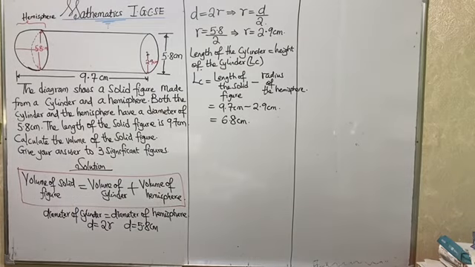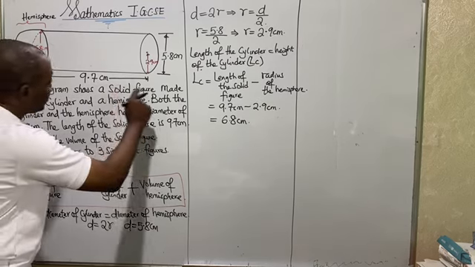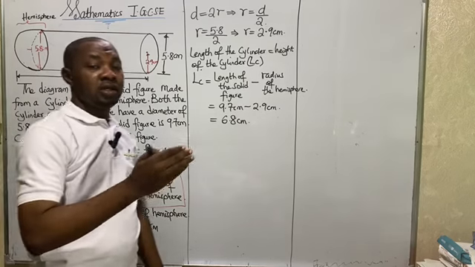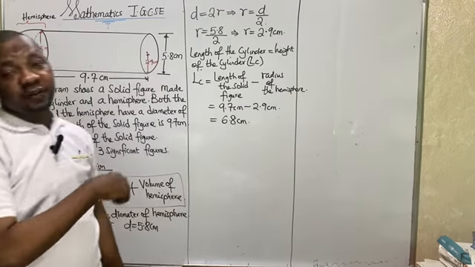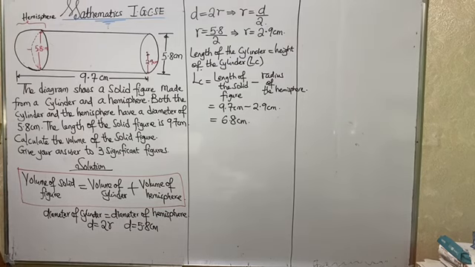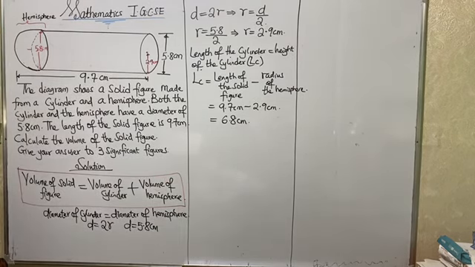So we have the length of the cylinder to be 6.8 centimeters. Remember that to calculate the length of the cylinder, we subtract the radius of the hemisphere from the length of the figure.